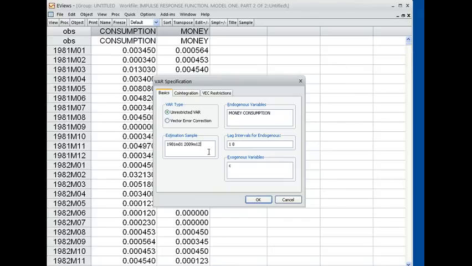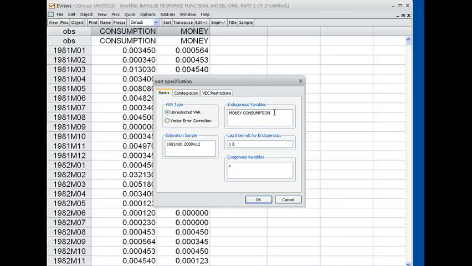Here the VAR type, actually VAR is of two types. One is unrestricted VAR, and the second one we call restricted VAR. The vector error correction model is actually called restricted VAR.